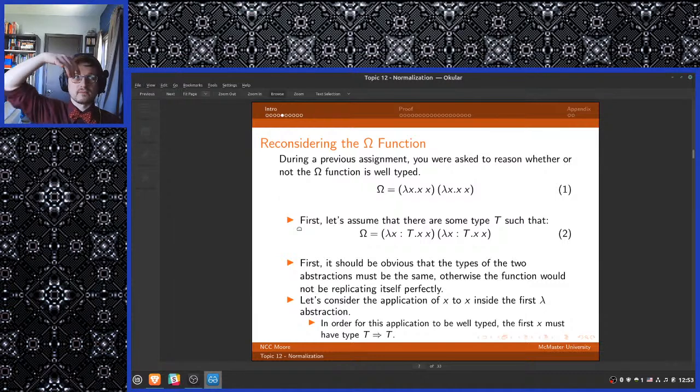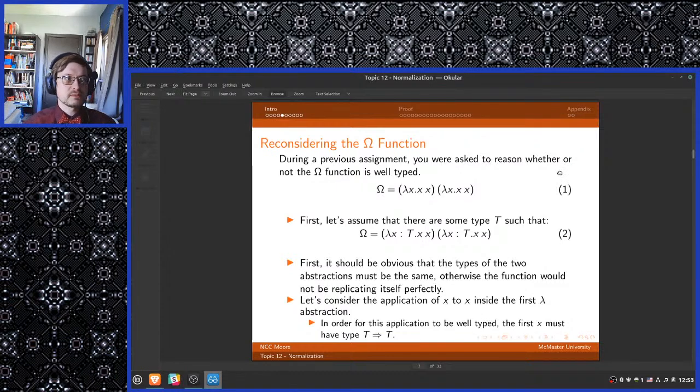So, let's try typing the omega function and see how far we get. First, let's assume that there is some type t such that the x in the lambda abstraction has that type. It should be obvious that these two t's are the same t. Otherwise, how would it perfectly replicate itself? It wouldn't be able to, right?